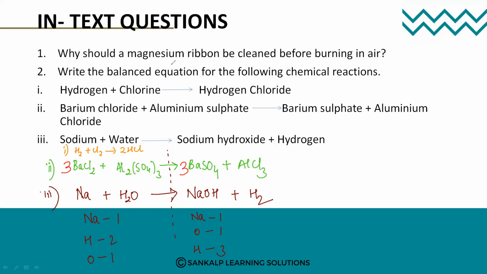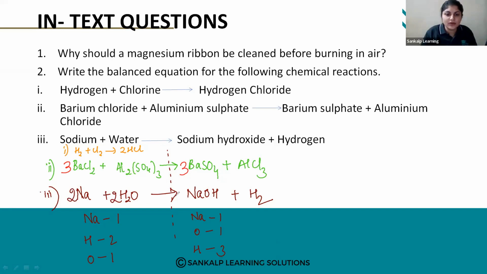Correct. 2 here and 2 here. So 2Na, here also 2Na, then 2H2O means hydrogen will become 4, oxygen will become 2. Here if I calculate, oxygen will be 2 and hydrogen 2 plus 2 will be 4. Yes, so it is balanced.